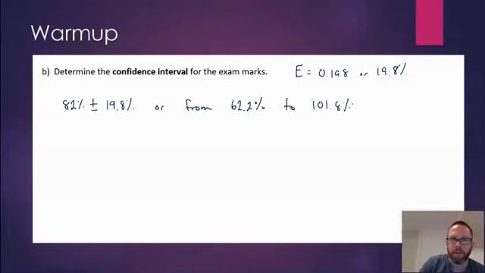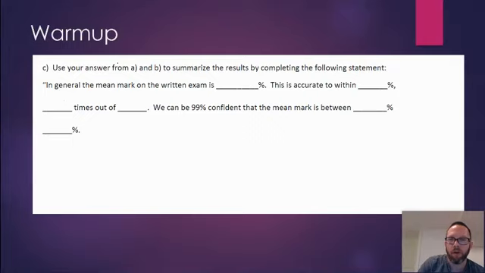So we should be able to calculate a margin of error and create a confidence interval. This is the 99% confidence interval, I should say too. And be able to complete a statement like the following. So in general, the mean written mark on the exam is 82%. That's what we got by having our 25 people write it.